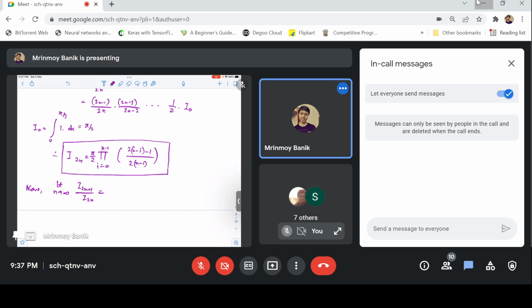So that implies n minus 2, n minus 1, minus 3. 2n, 2n minus 1, 2n minus 2, 2n minus 3.